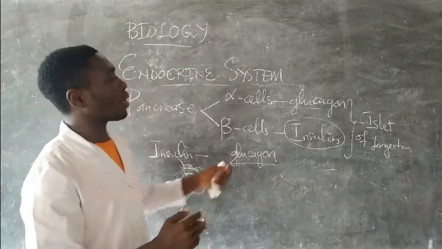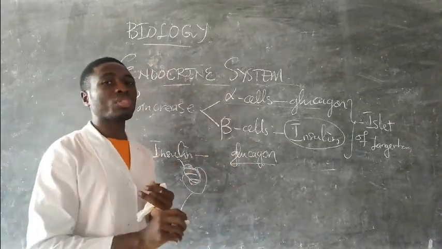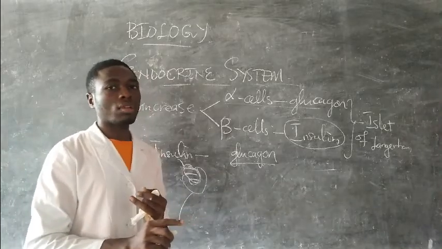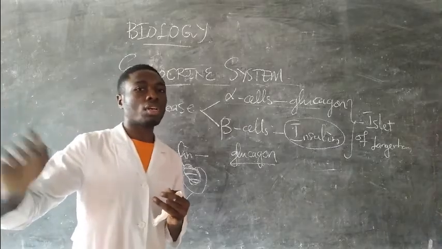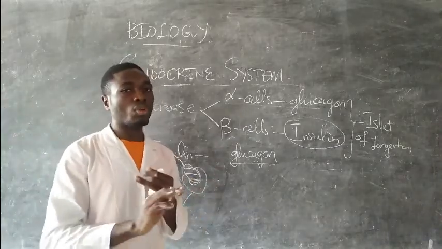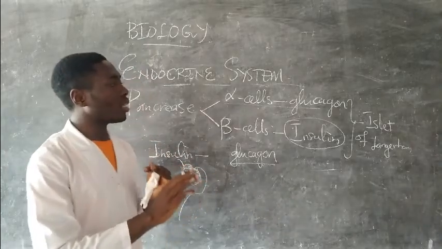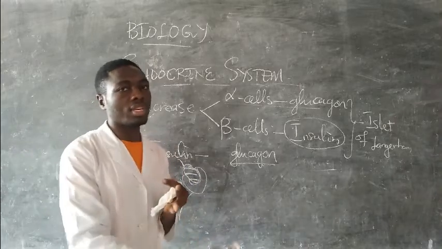So when glucagon binds to the cells, it reduces the uptake of glucose by cells, because the goal is to make sure that a certain level of glucose reaches the blood. Glucagon binds to the cells and reduces the permeability of the cells to glucose. It facilitates the conversion of glycogen stores into glucose instead. You see, it is the opposite.